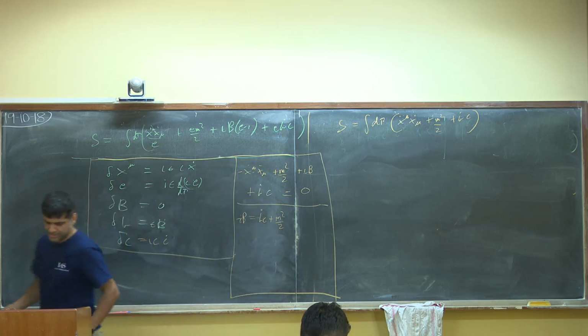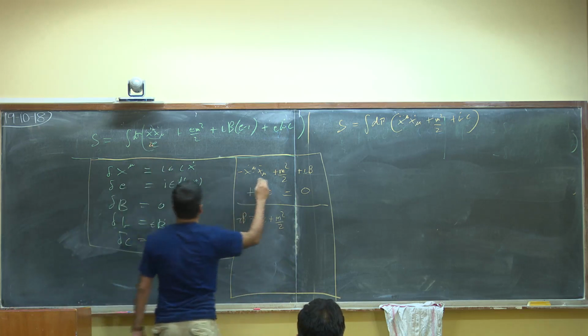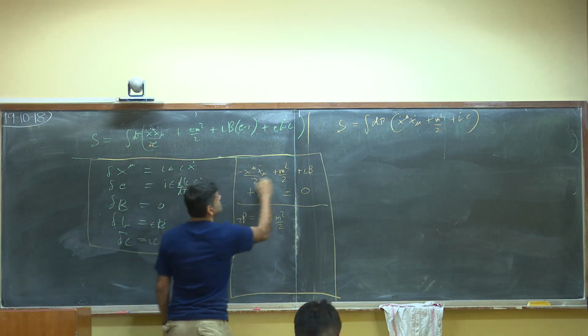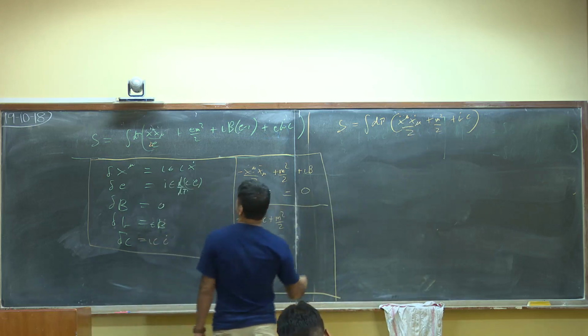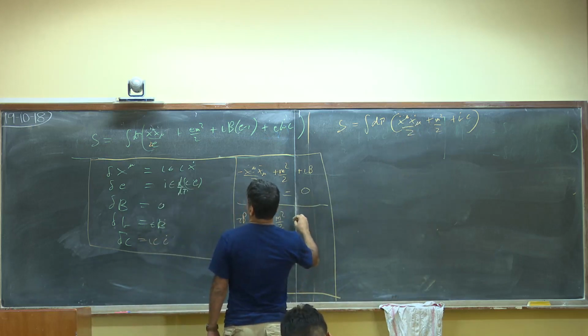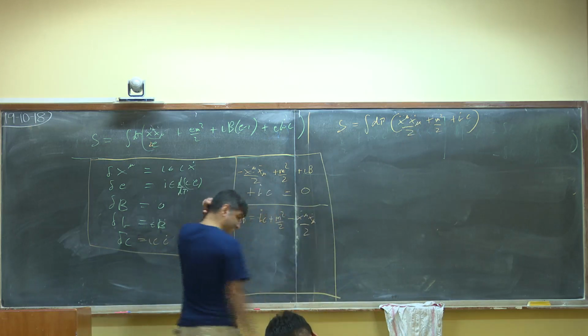So B dot C plus M square by 2. Sorry, this also had a by 2. M square by 2 minus x mu dot by 2.